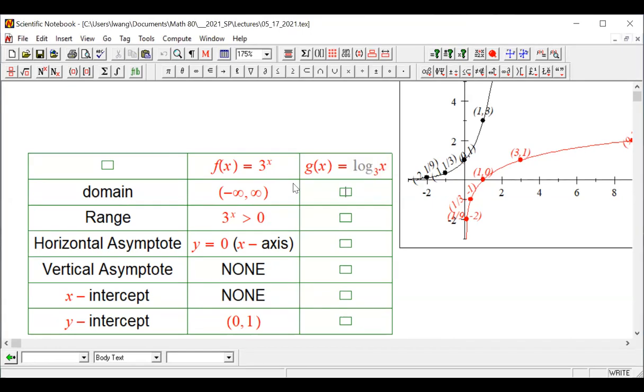The domain: x must be greater than 0. And the range: all real numbers. You see, one's domain is the other's range. Similar, right? And next, the horizontal asymptote: there's none.